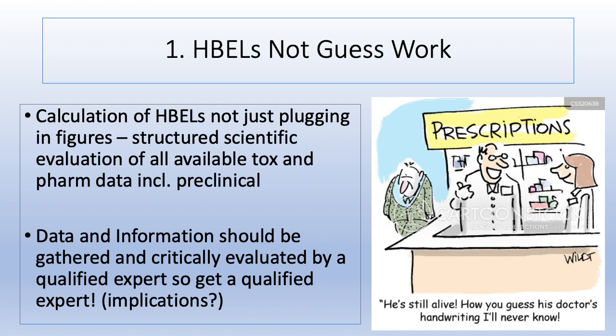And what is that? Is that 10 times 10, 100 times 10, 1,000 times 10, 10,000 times 10, 100,000. So you could actually get very small values in terms of the limits which are set, which would then make it difficult for you to have analytical methods which are sensitive enough to pick up some of the values that have been calculated.